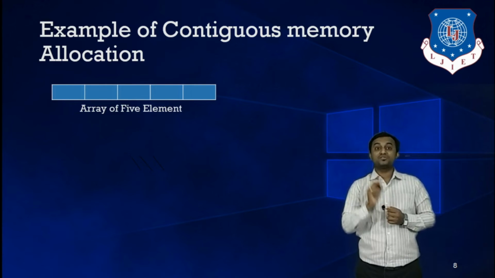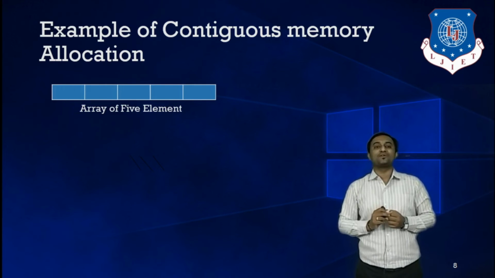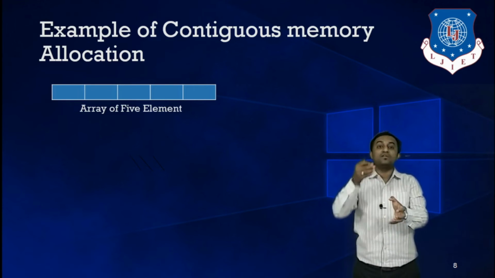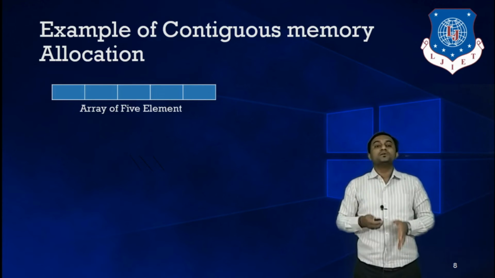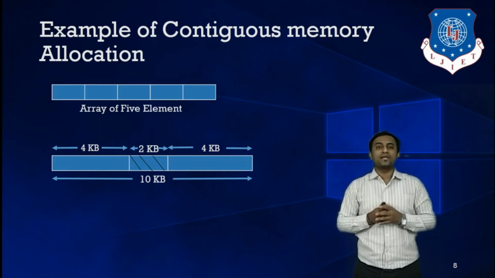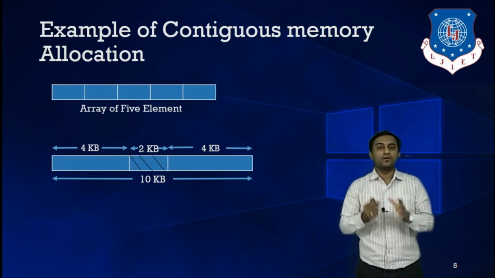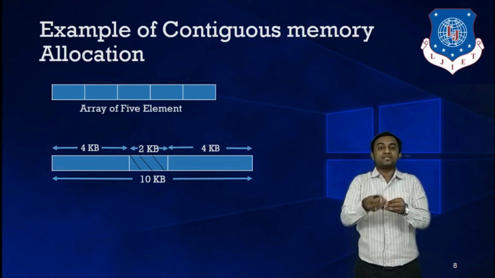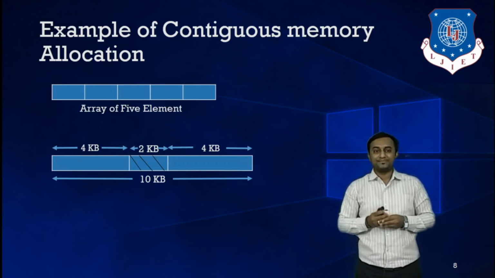This is the advantage of contiguous memory allocation, meaning access time or searching time is very fast. Let us discuss contiguous memory allocation with the help of one example, and then we will discuss the pros and cons of contiguous memory allocation.